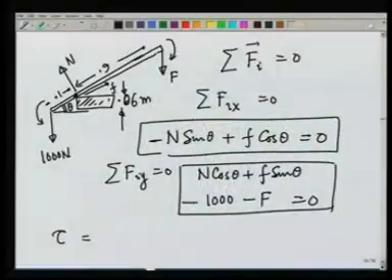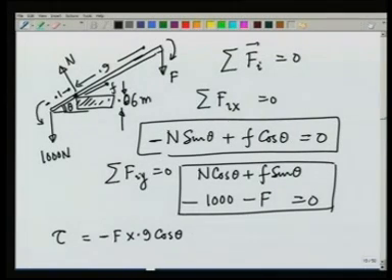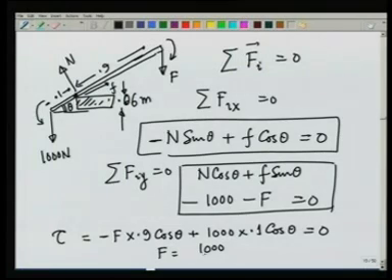Clockwise would give me a minus k. So, minus F times 0.9 cosine of theta plus 1000 times 0.1 cosine of theta is equal to 0, and therefore, F comes out to be 1000 over 9, which is roughly 111.11 newtons, and that is your answer.